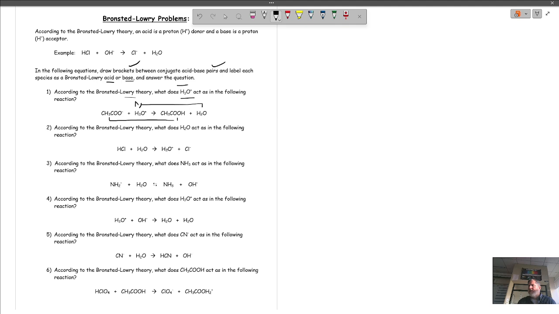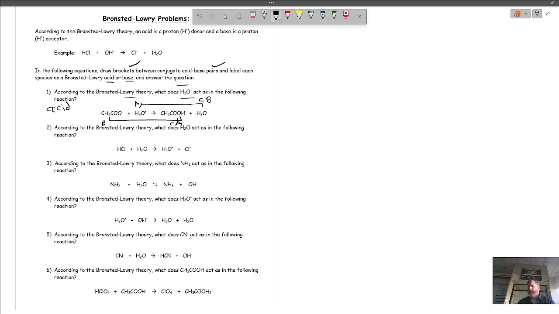So this acts as an acid, and that means H2O is a conjugate base. This must mean that the CH3COO negative must act as a base, and that this is a conjugate acid. So we've labeled it. And what does H3O act as? H3O is labeled here as an acid. So in this case, H3O is an acid.